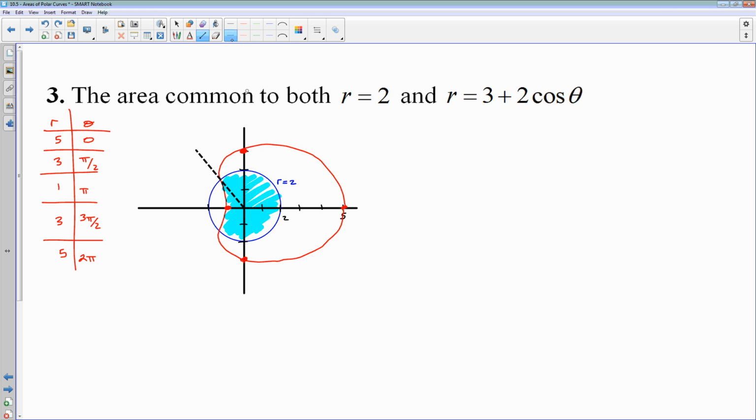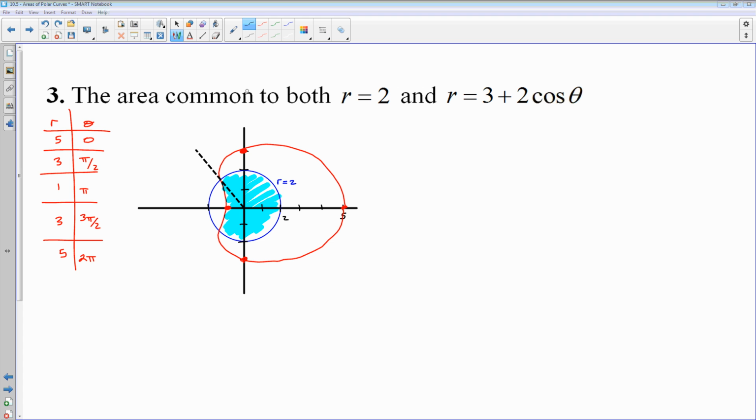So I have to find what angle that is where the 2 graphs intersect, and that's going to be my cutoff. So I'm simply going to set the 2 graphs equal to each other and find out when they both have a radius, or a distance, of 2.